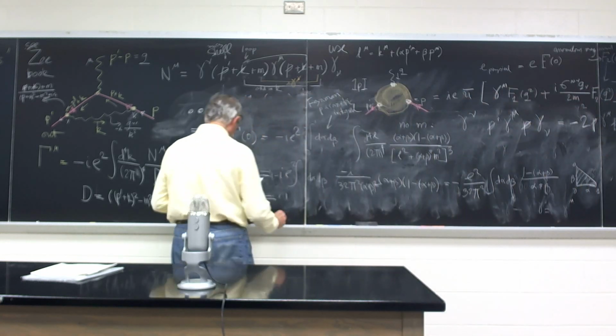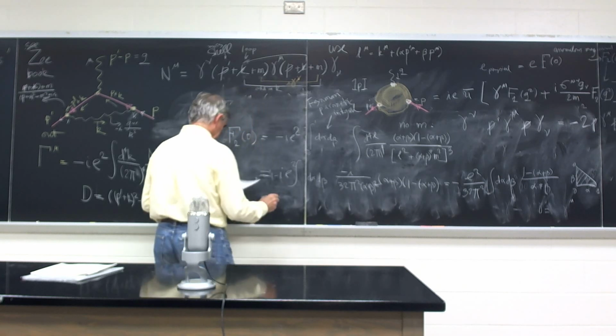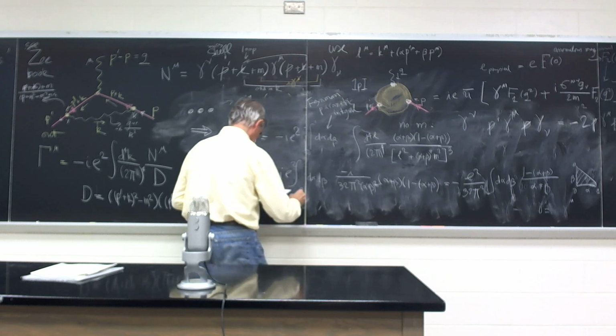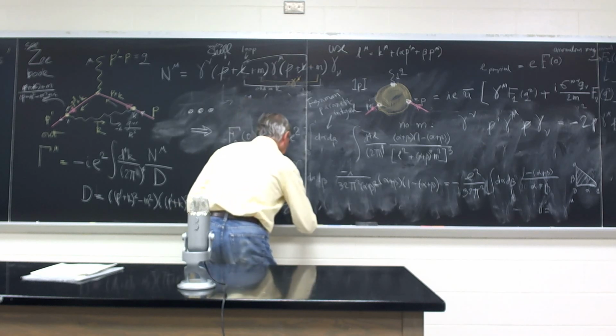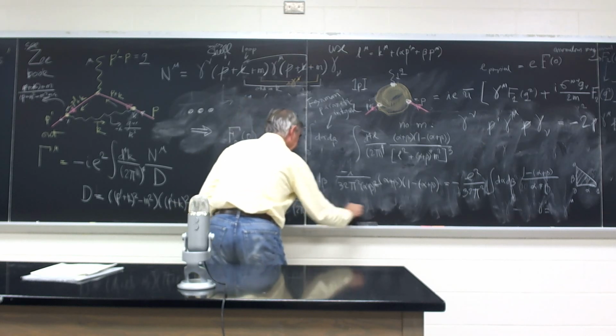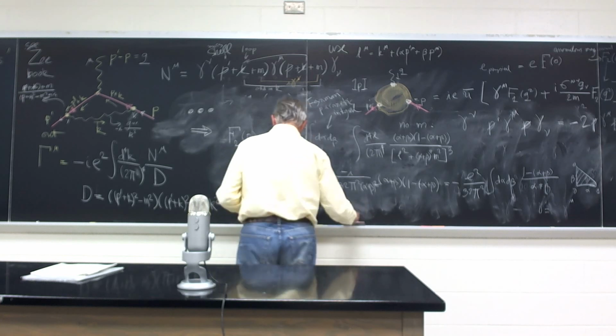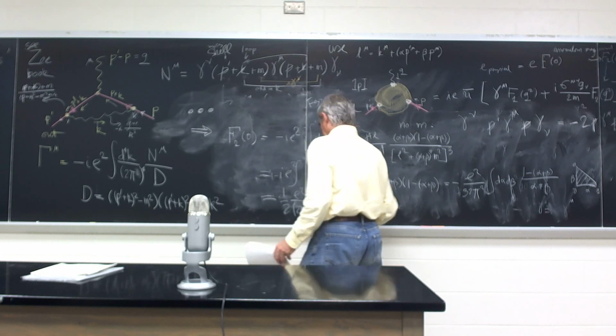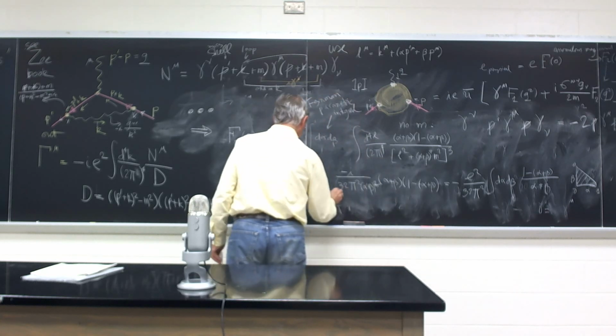And this becomes one half, e squared over 2 pi squared. And this is the Schwinger correction.